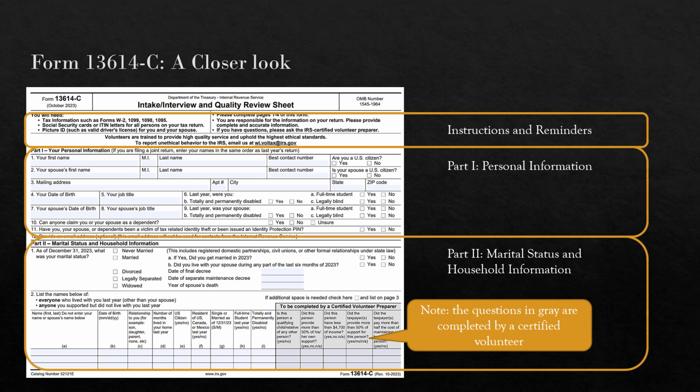And the form is designed for the taxpayer to include everybody who lives with them or that they support who does not live with them. And this is regardless of whether the taxpayer actually thinks that they can or will claim those persons on their return. And then after that, the volunteer fills out this gray box in the lower right corner to determine who can actually be claimed on the return out of all those people.